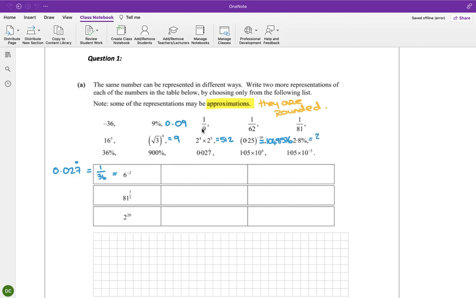2.8% is 2.8 divided by 100. So that's 0.028. And this over here is 0.02777777. So if you rounded it, it would be 0.028. So that's one of them. Okay, that makes sense.